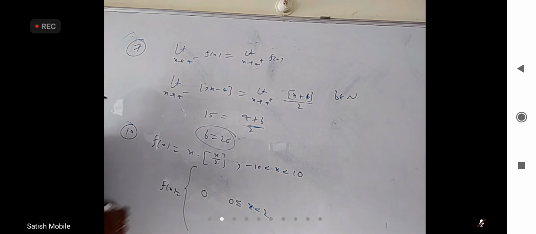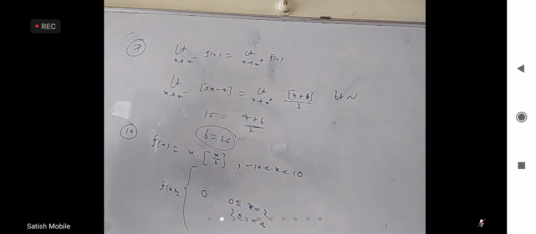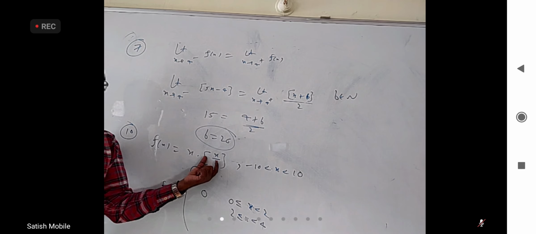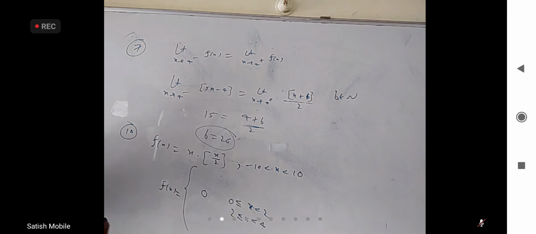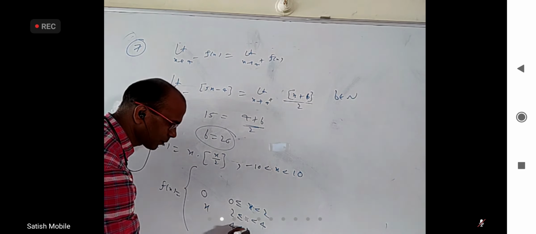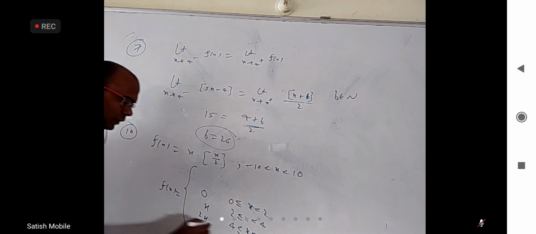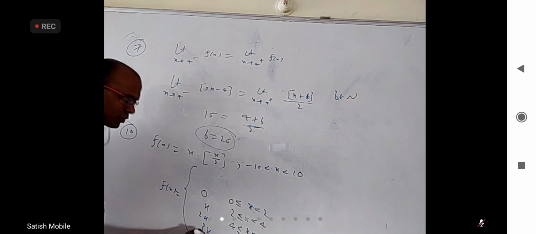When I take 2 less than or equal to x less than 4, when x is between 2 to 4, x by 2 will be between 1 and 2, and the integer part for any number between 1 and 2 will be 1, so it will be x into 1, x only. If I take 4 to 6, it will be 2x because this will be between 2 to 3. If I take 6 to 8, it will be 3x.